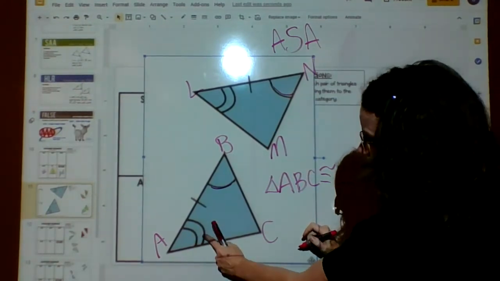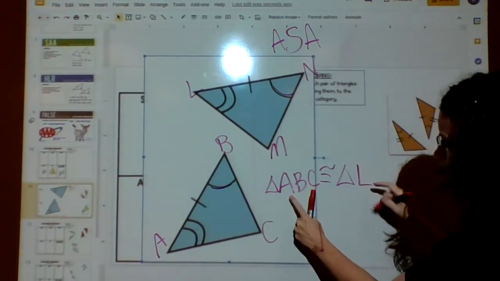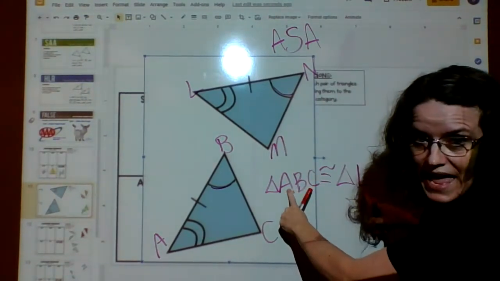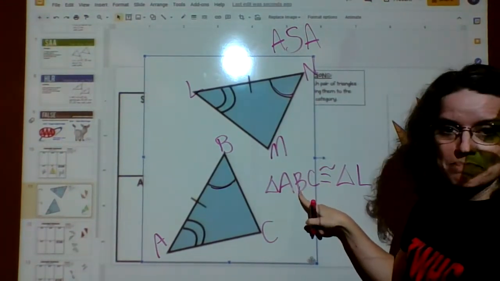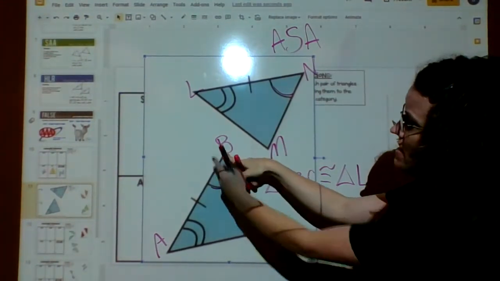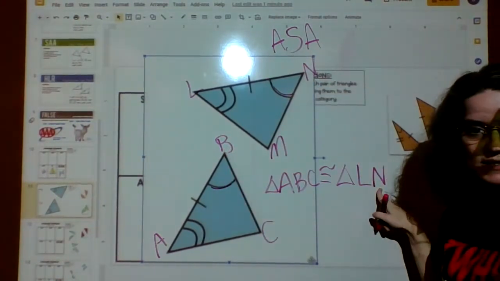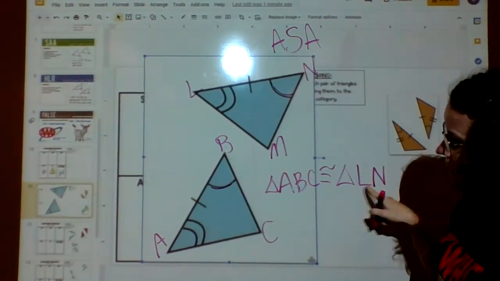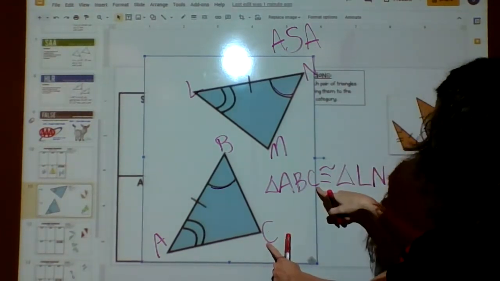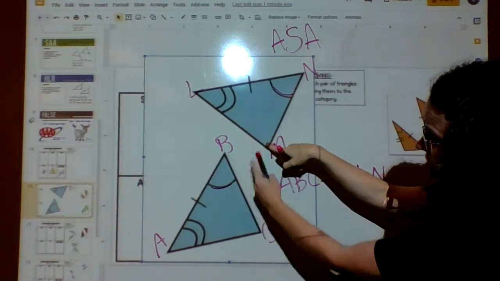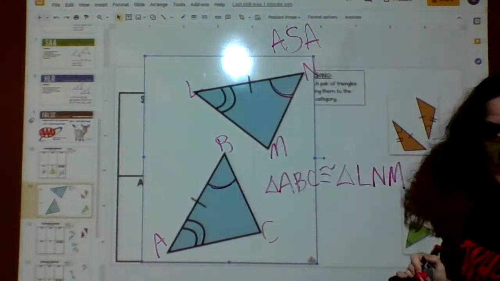So in this one, A is congruent to L. So I would have to put the L first so it matches up with the A being first in this one. In this triangle, I said the B next. The B is congruent to the N. So N has to be the next guy in this triangle. And then lastly, I put C for my first triangle, and that one is the only one left over, and so the only one left over here is M, and it goes at the last.